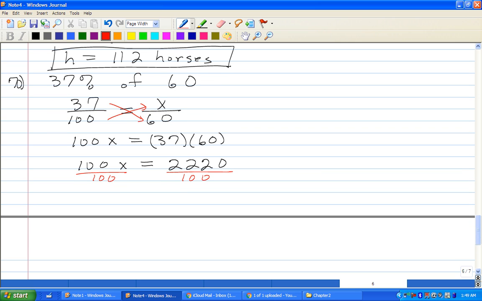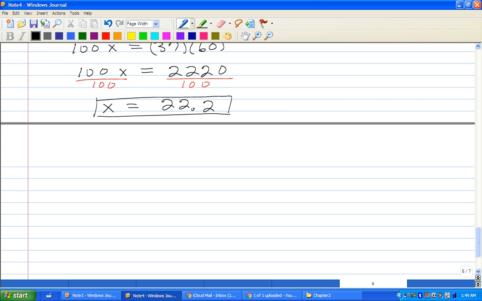And so x in this case is equal to 22.2. Let me do problem number 74.